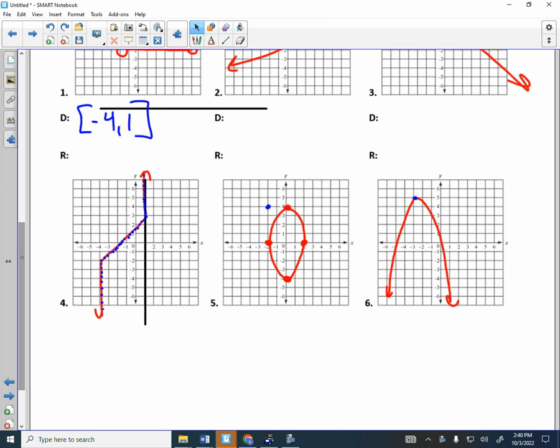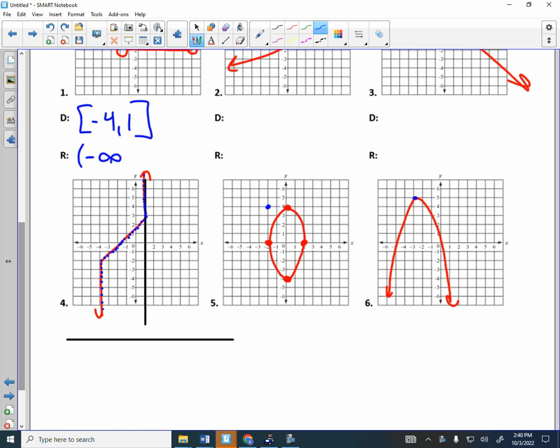And the vertical line, yeah, -infinity to +infinity. Next one is an oval. Where do I start to pick up x values? Yep, -2 to +2. And the range values? -4 to +4.